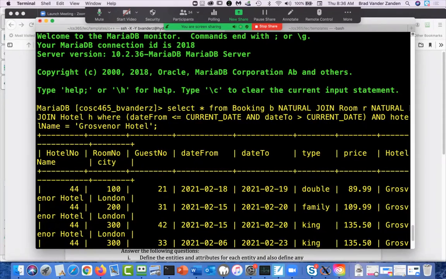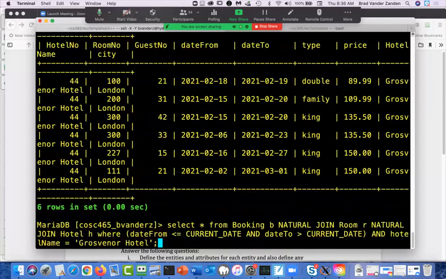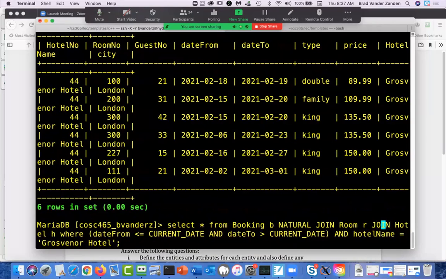Now, many of you used equalities, which is fine, but I'm going to show you what went wrong. Many of you did a join of the booking with the room, but you only did it on the room.